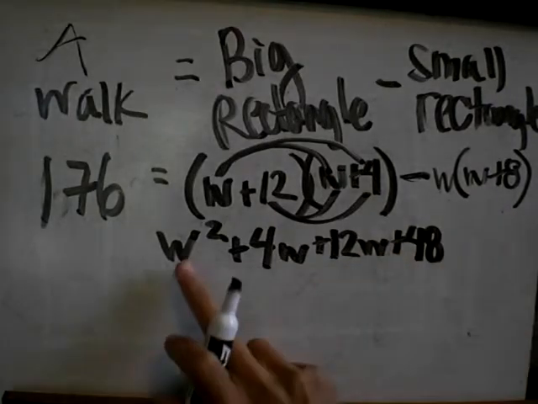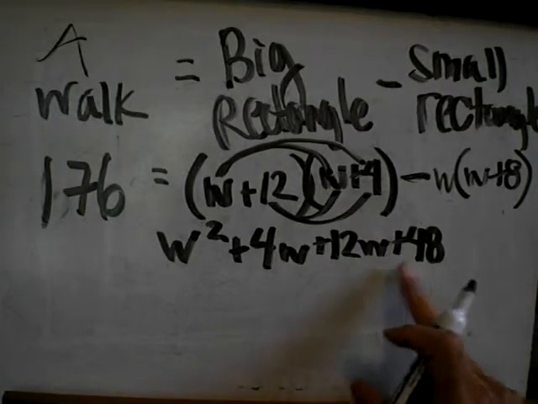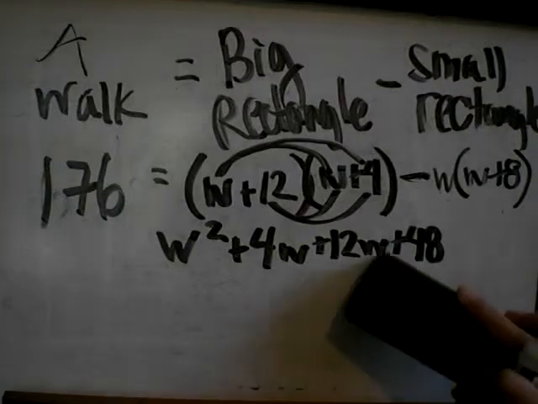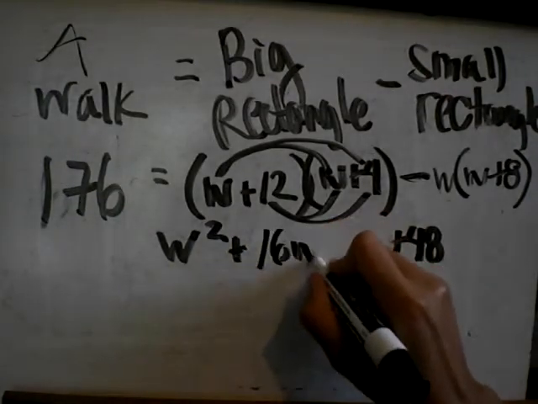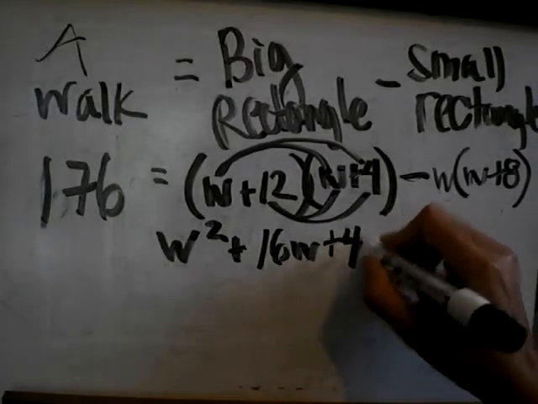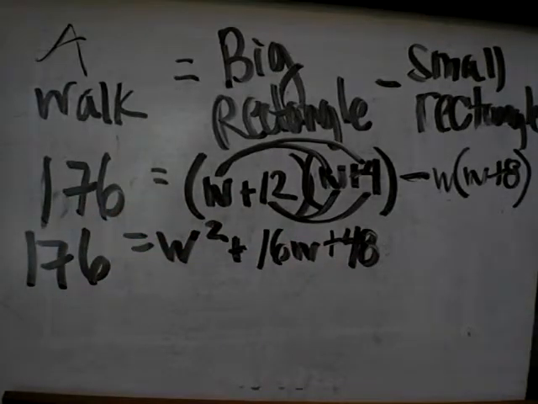So far we've got W squared plus 4W plus 12W plus 48. We can combine these two, so we can just make that 16W, and then plus 48. I'm going to bring down this 176 over here on that side.